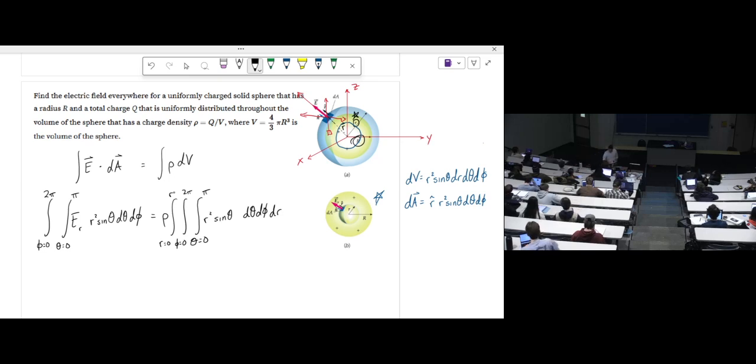Since my integrands are both constant with respect to theta and phi, we can make the same argument we did last time and say that we expect these portions here to go away, and we're left with E sub r equal to rho times the integral from 0 to r of dr, which is just equal to rho times r.